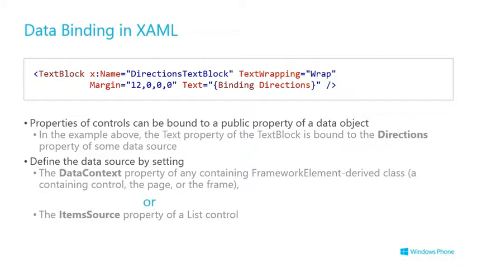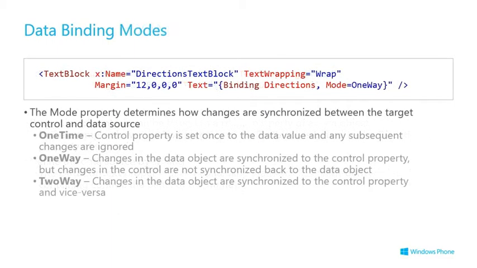And the data context says, okay, for any binding statement on any element in this page, I want you to resolve the binding statements against this particular object. So you'll set your data context to the instance of a recipe data source. And then once you've done that, auto-magically, this text block will go and pull the value of the directions property of that recipe out of there and display it on the screen. It's like magic.